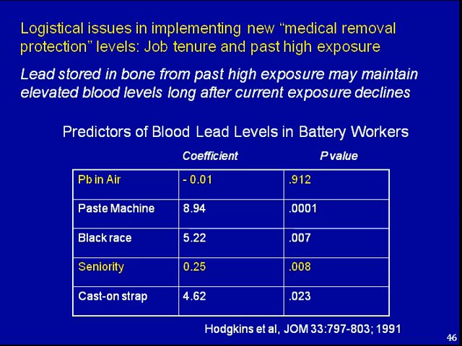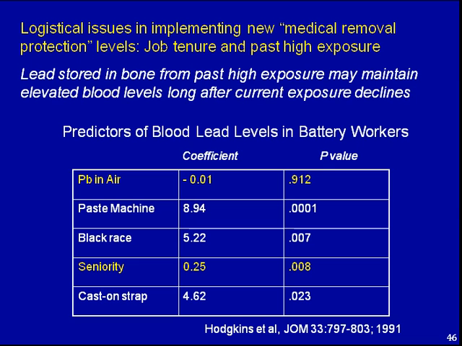And this was shown in a study that was performed by Hodgkins and colleagues and published in the Journal of Occupational Medicine in 1991. They looked at predictors of blood lead levels in battery workers. These workers had a seniority of work on average of about 20 years, and in the past, they had much higher lead levels than they had at the time that their blood lead was measured in 1985 when the data for this was taken.